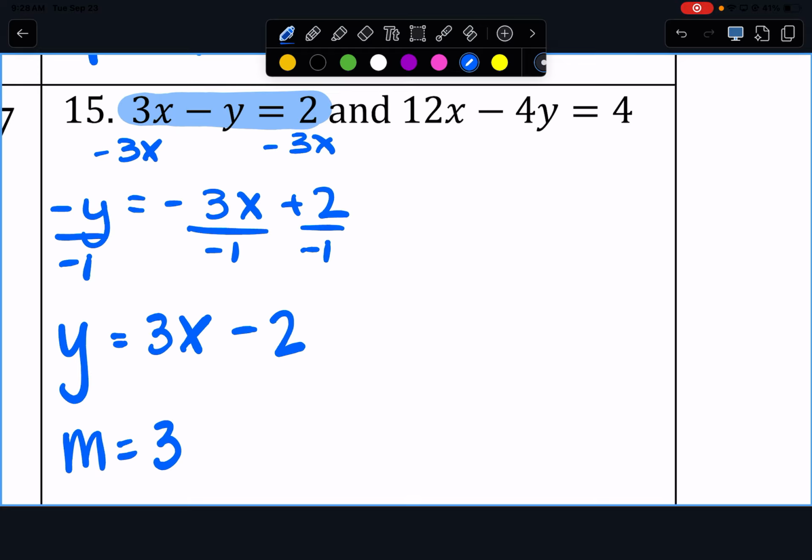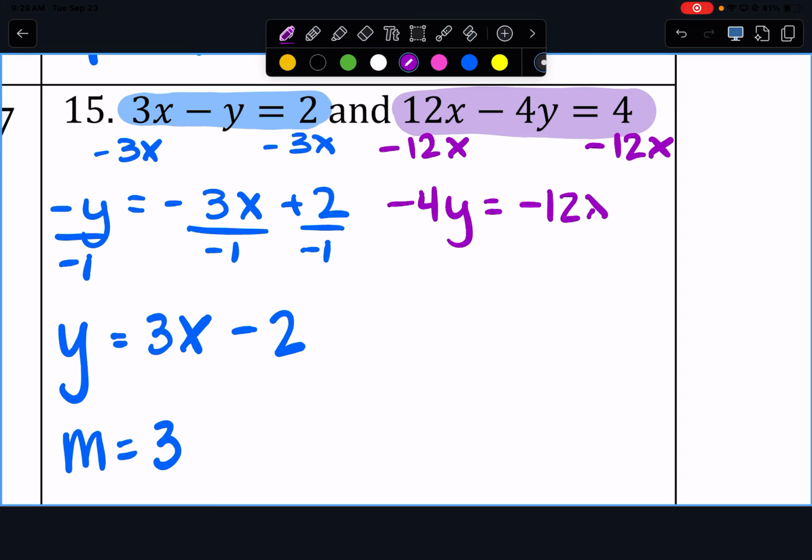Then we are going to look at the second equation. Is that in slope-intercept form? So what do I need to do? Can I combine 4 and negative 12x? So I get negative 4y equals negative 12x plus 4.